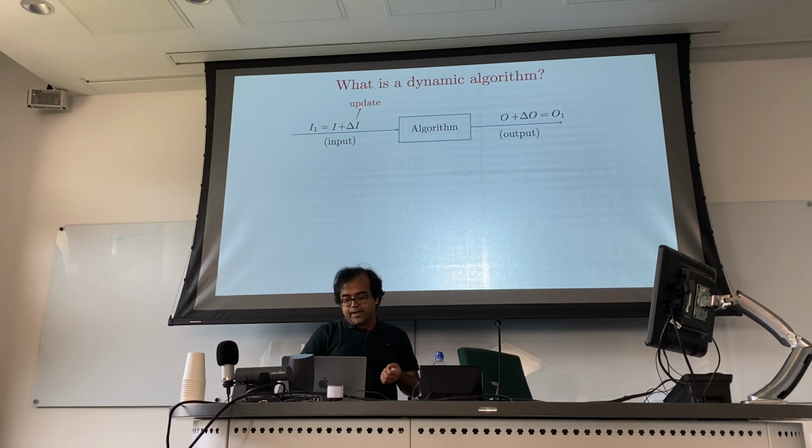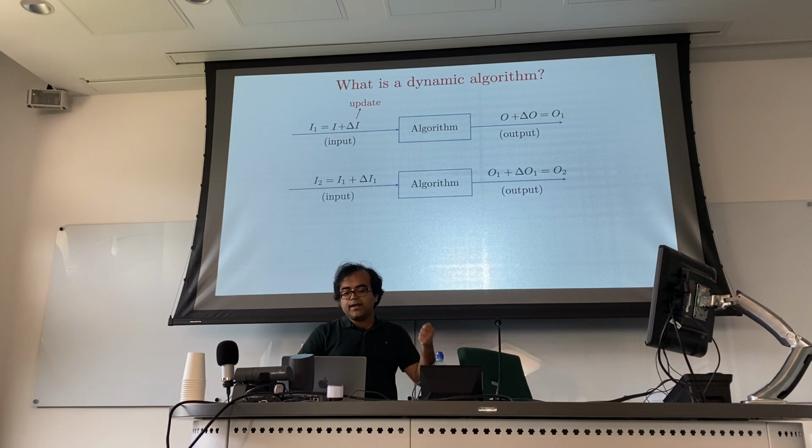After this update, the algorithm needs to come up with the new output, which also changes slightly. And this keeps happening again and again. The input keeps undergoing a sequence of updates. After each update, the algorithm has to accordingly adjust its output.